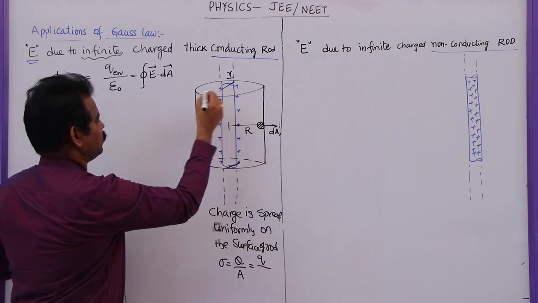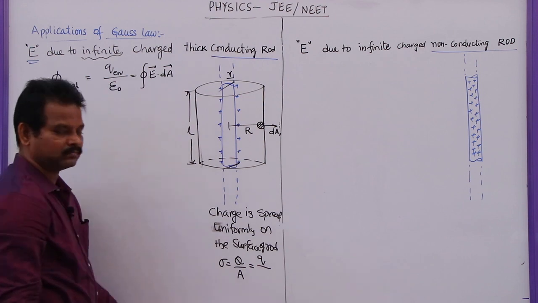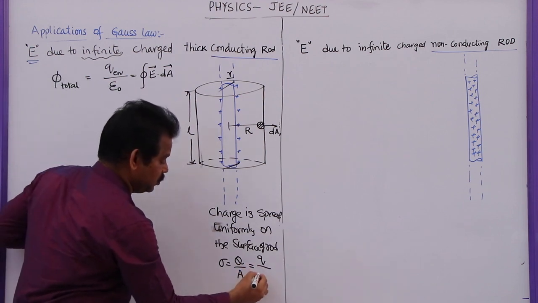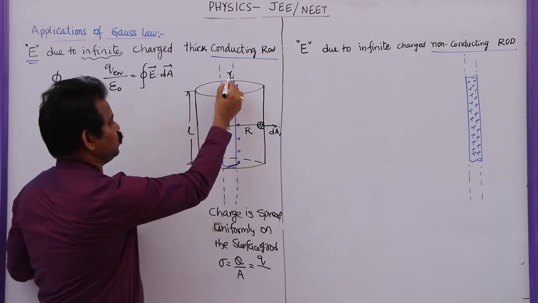Here, let the length of this cylindrical Gaussian surface be L. Now, circumference of this rod is 2 pi r.